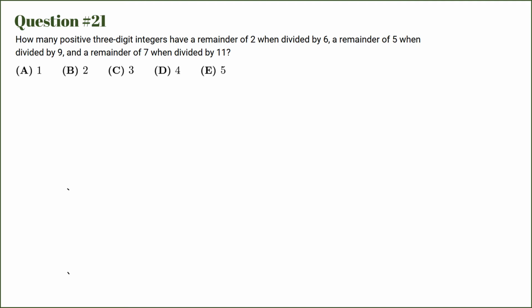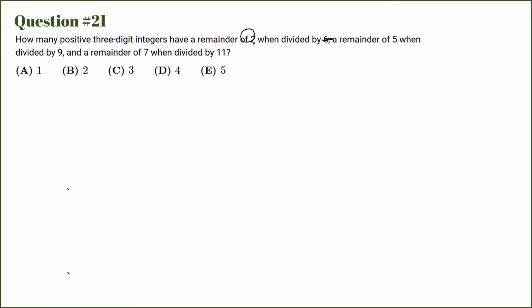Okay, so first of all, the first thing you can see here is that all of these remainders are just the factor, or what you're dividing by, minus 4. So 6 minus 4 is 2, 9 minus 4 is 5, and 11 minus 4 is 7.